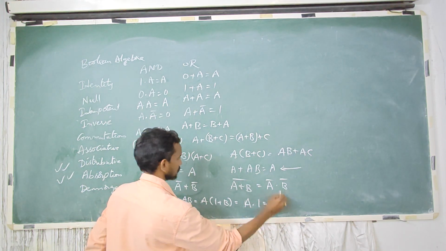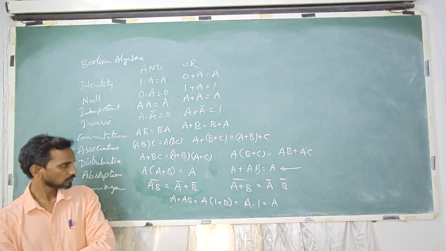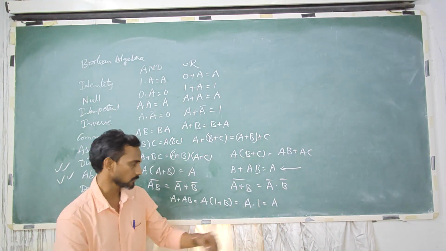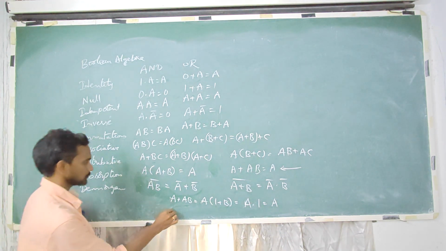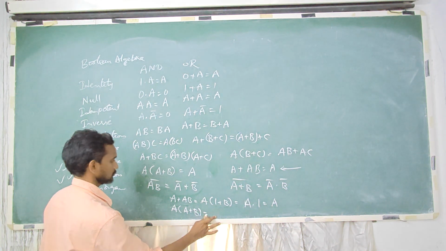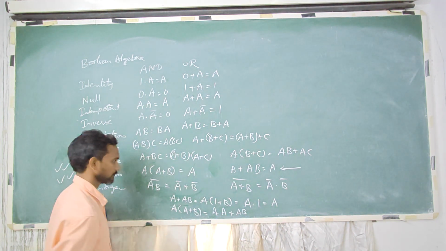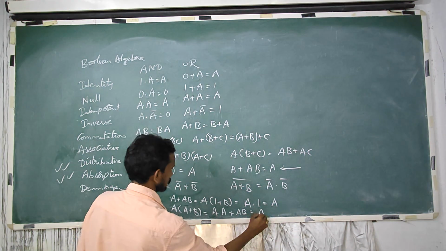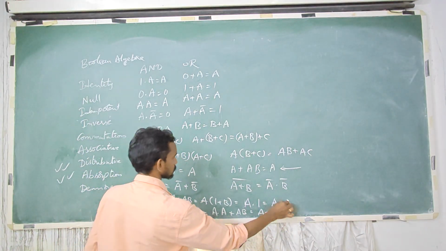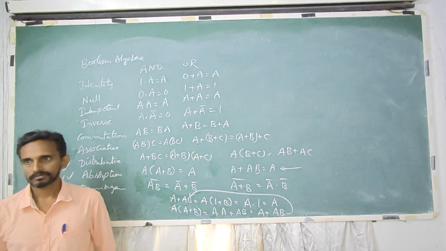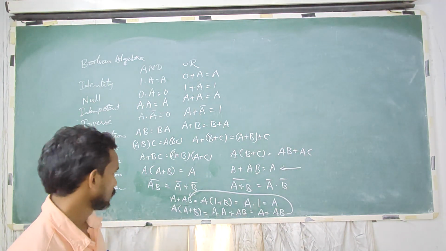So that is A into 1, which is A. The same thing, A into A plus B is A into A plus AB, so this becomes A plus AB, the same result. So you should get A.